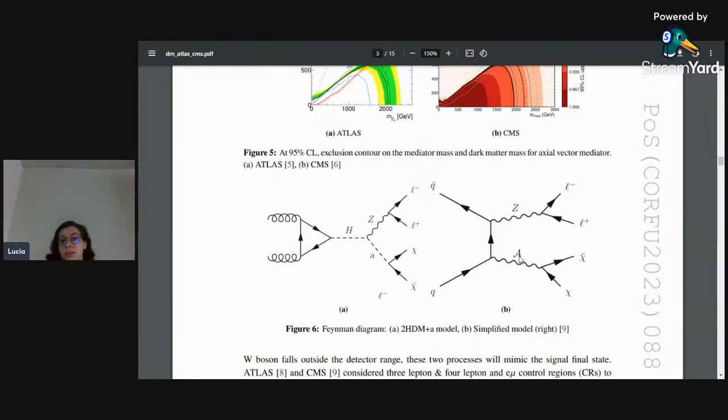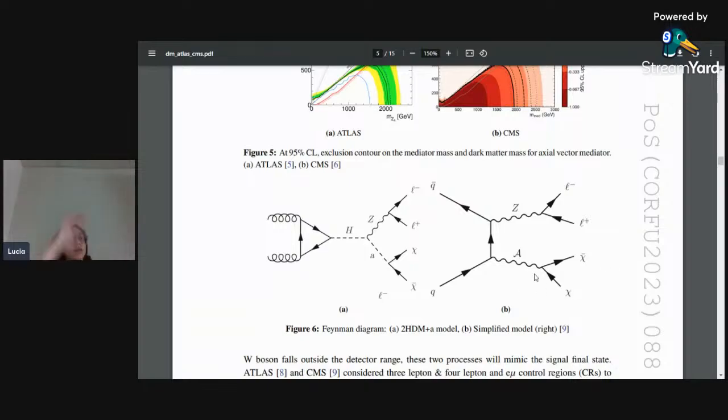I don't know if that is a dark photon. I think one is the dark photon and that one is the axion. I'm not sure this is a dark photon, because they only say it is an axial vector mediator. It can be a dark photon in a minimal model. It can be one component of the two Higgs doublet model.